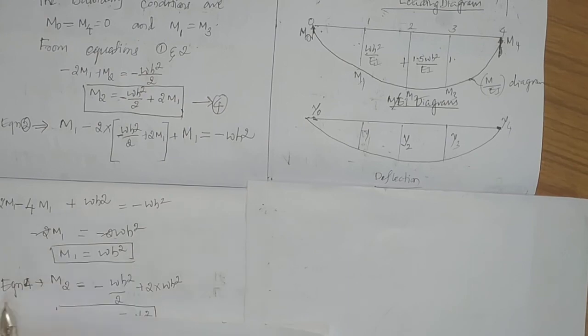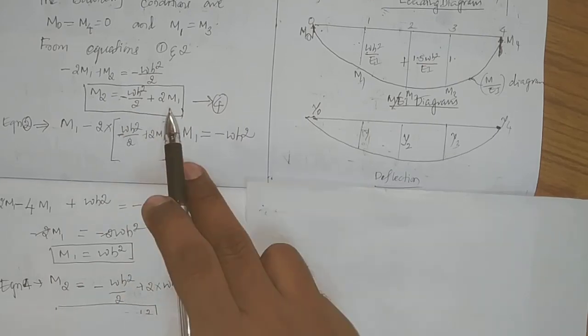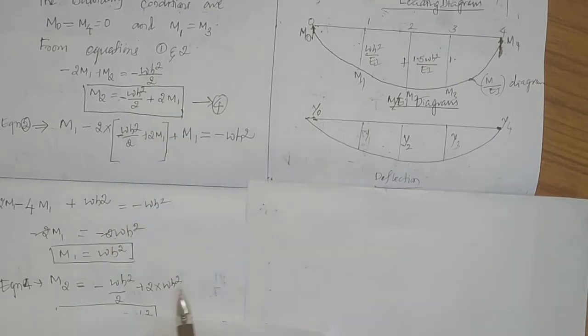from equation 4, m2 is equal to minus wh square by 2 plus m1, which is wh square, so 2 wh square minus half wh square, how much will it be? 1.5 wh square, that's all, right?